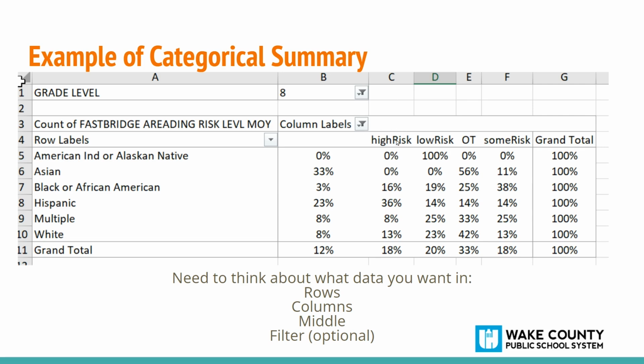So the high-risk students, of the high-risk students, what percent are Hispanic, multiple race, white, etc. Again, I have this optional filter at the top so that I can move from grade level to grade level. So this is what a summary table or a pivot table will look like for values in SOAR that are categorical in nature. So let's build that.